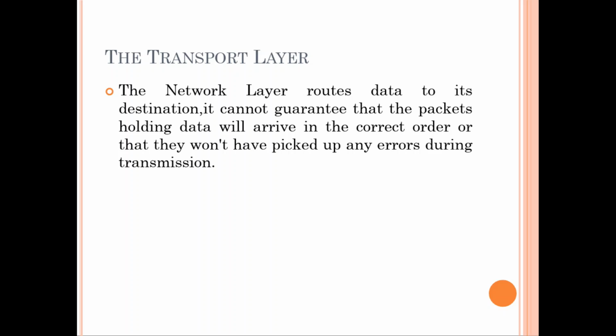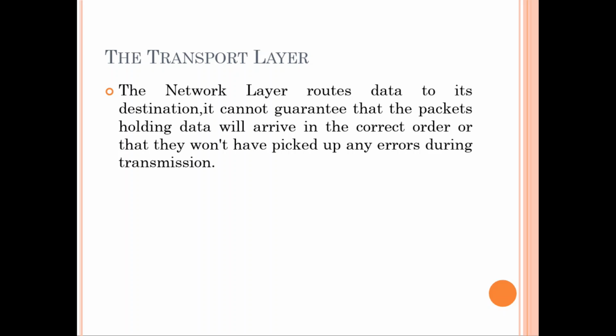As an example, you have 1 GB of data, and the data link layer breaks up this 1 GB of data into 100 packets of 10 KB. Then these packets should arrive in a sequence, in order. The network layer will not take care of that.